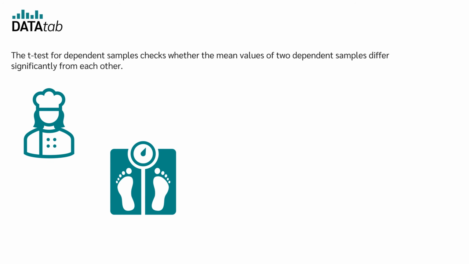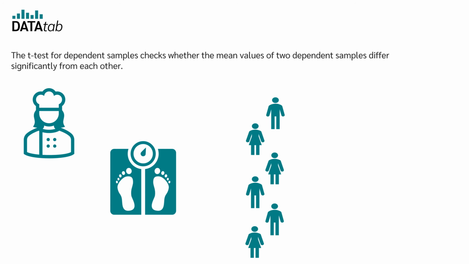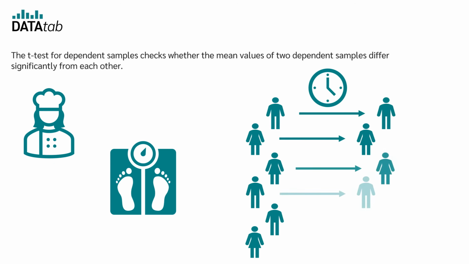To do this, you find individuals who are willing to follow the diet program. You measure the weight of the test persons once before and once after the diet program. Since you measure the weight once before and once after the diet program, the measured values are always in pairs, and that's why you have a dependent sample.